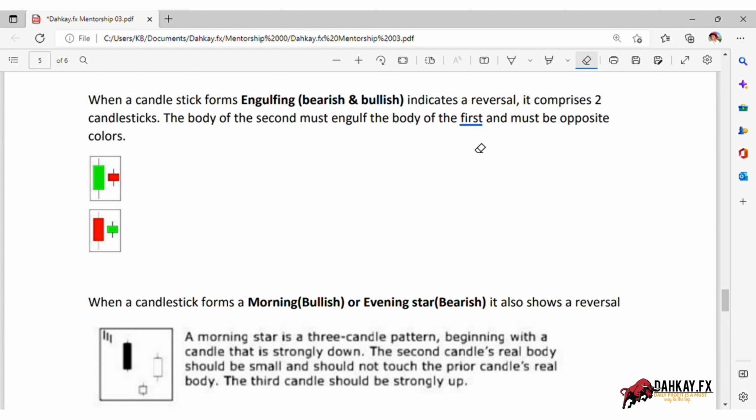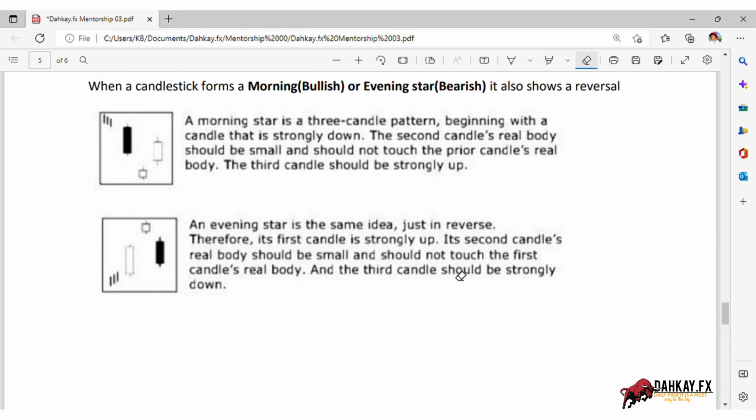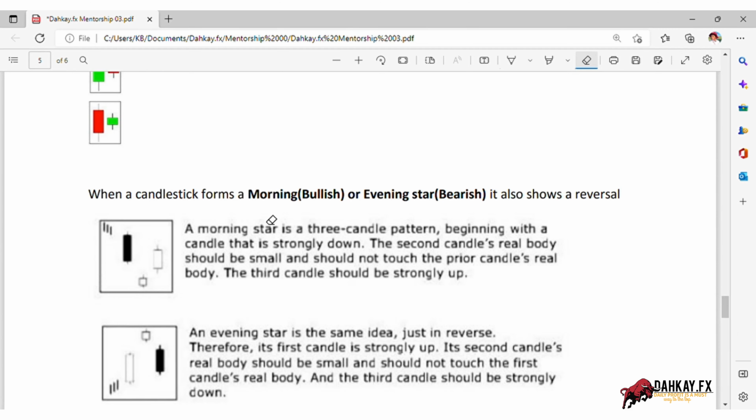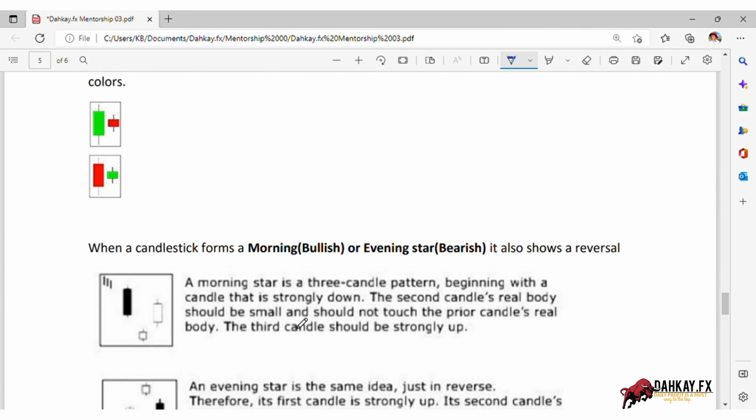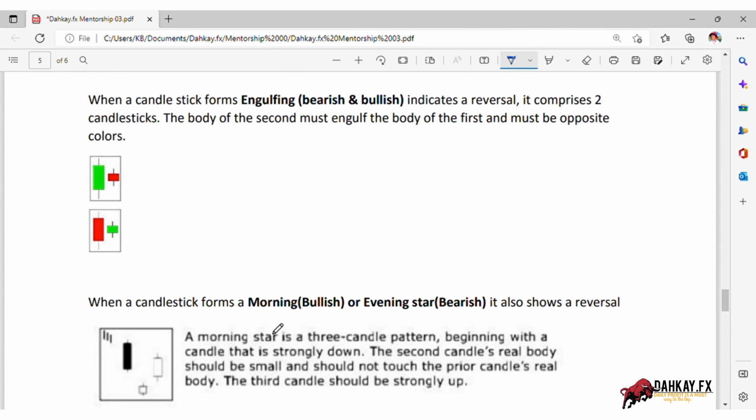So we also have what we call morning or evening star, guys. When a candlestick forms a morning or evening star, it also shows a reversal. These are the reversal candlesticks, guys.